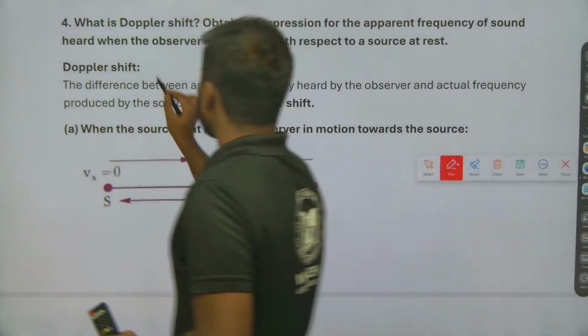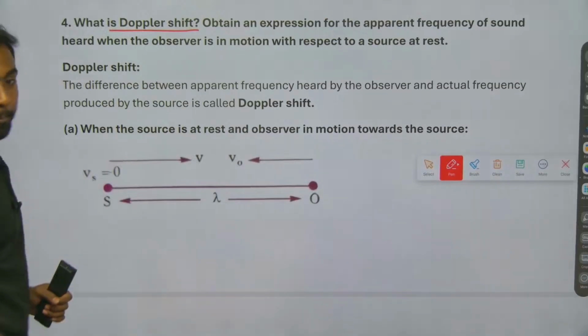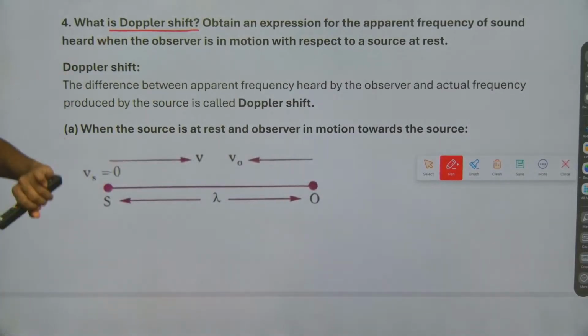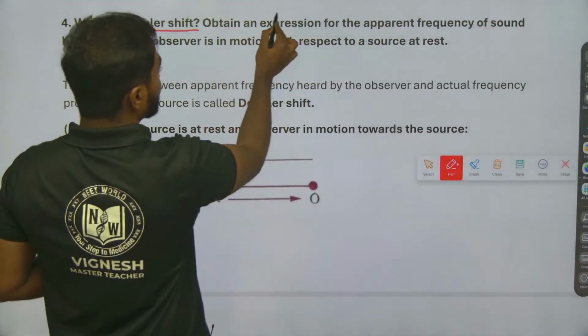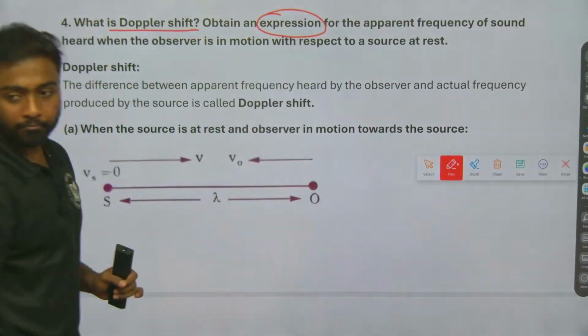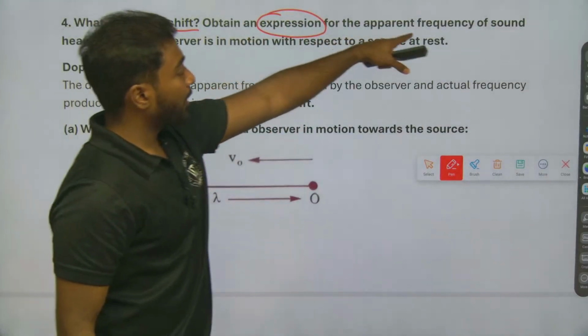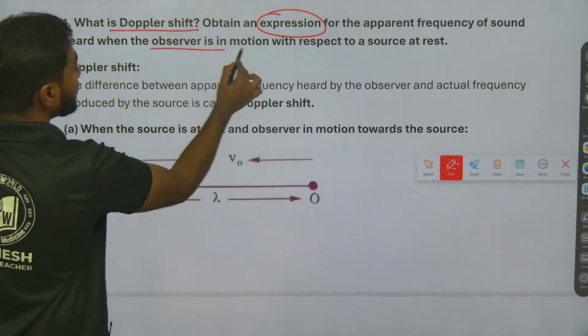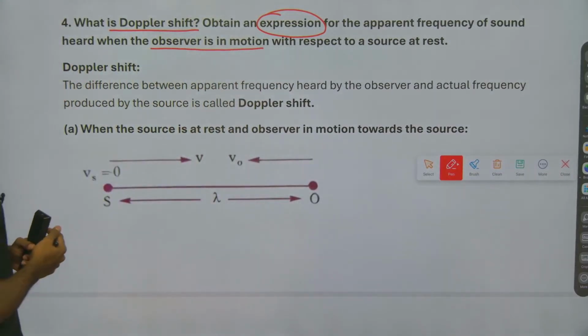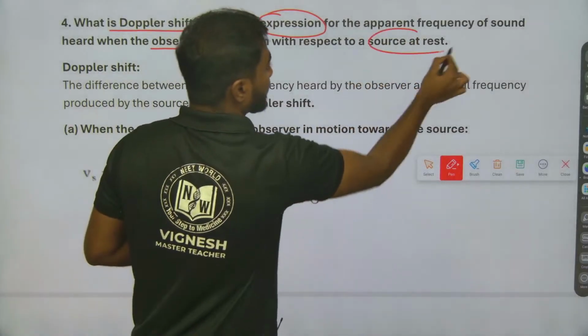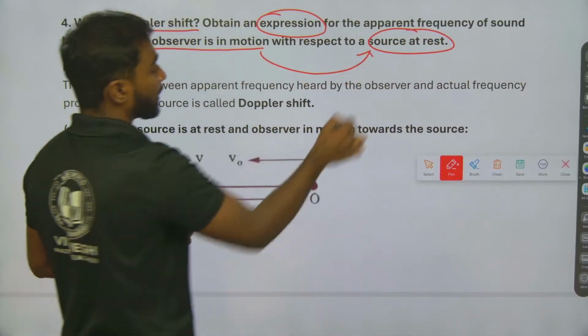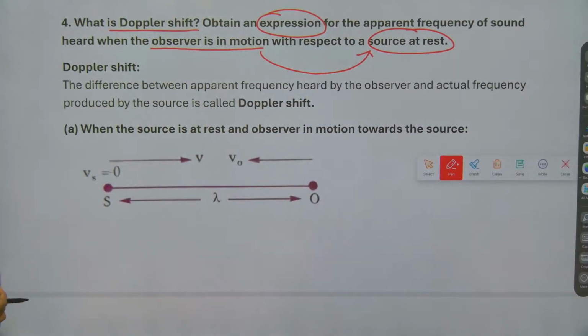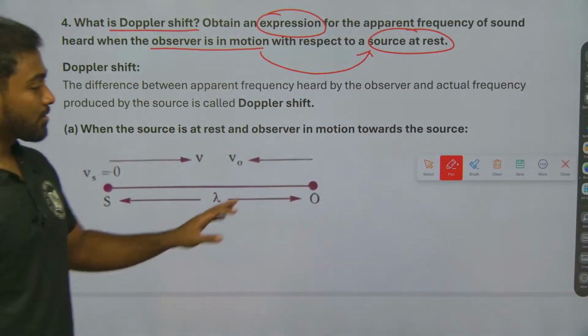First I need to explain the meaning of Doppler effect or Doppler shift. Then I need to write an expression for the apparent frequency of sound when the observer is in motion and the source is at rest.